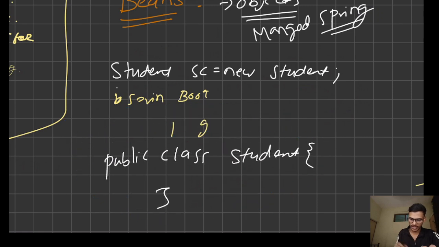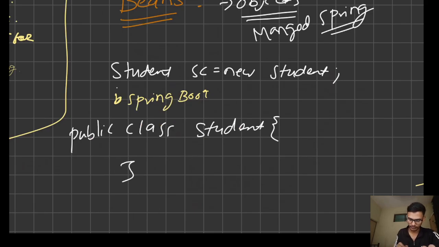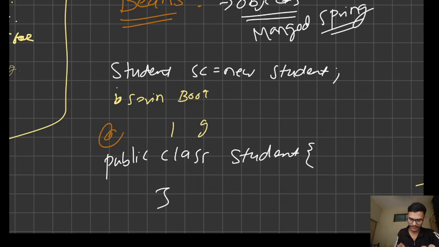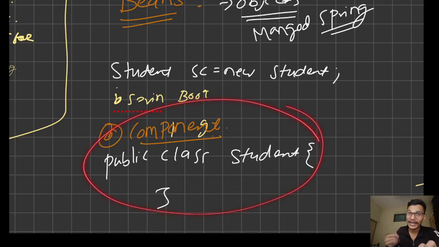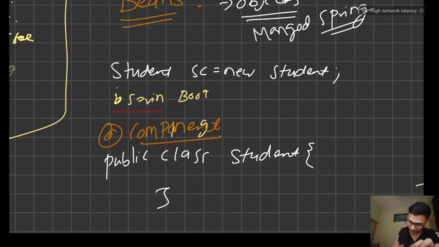We simply write the annotation @Component. What is the meaning of this? After writing the component annotation, Spring itself will understand and create the object for you.